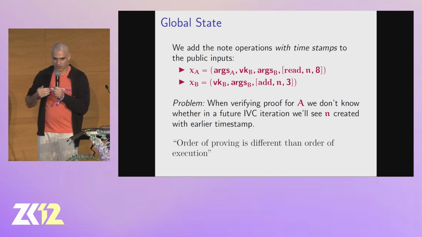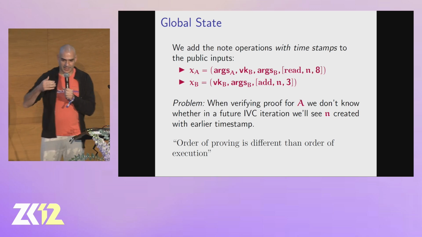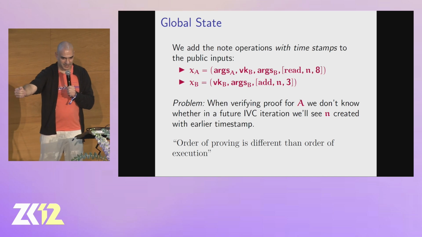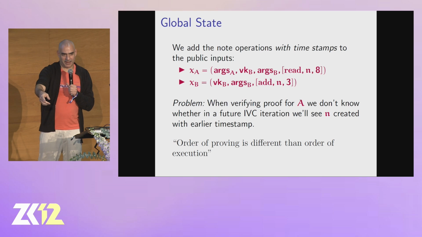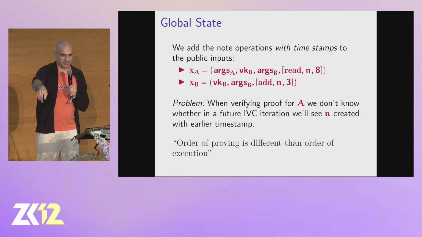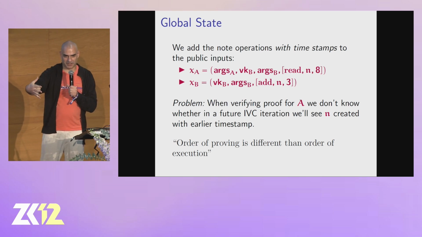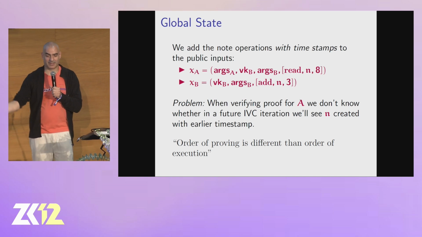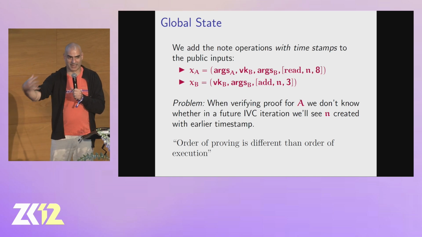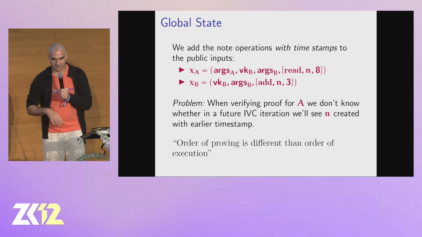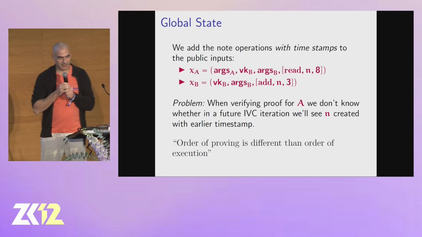We have to do all the proof for A, and then all the proof for B. So in execution, the note N was created before it was read, but in proving, we only get to that creation of the note N later in the proving process.